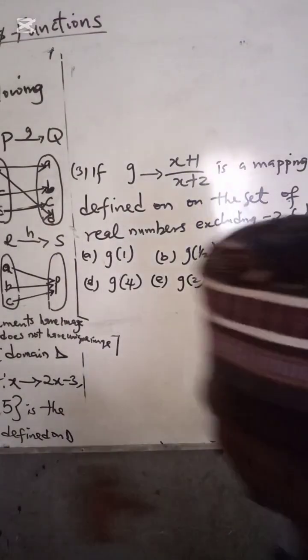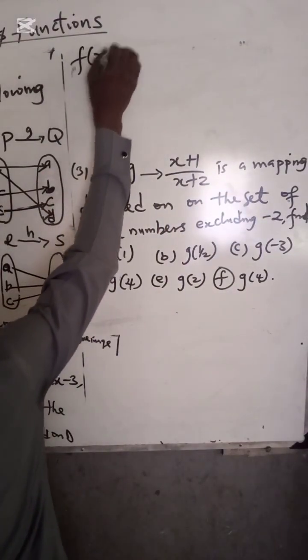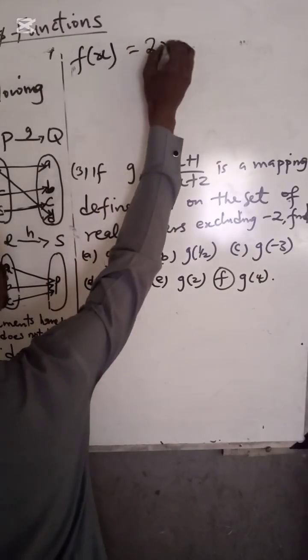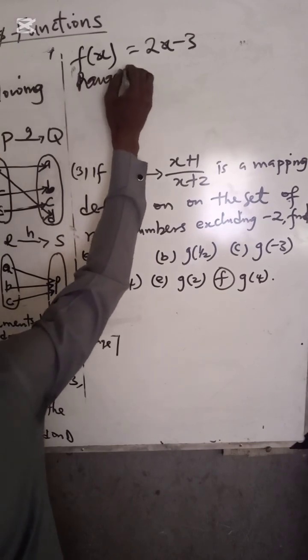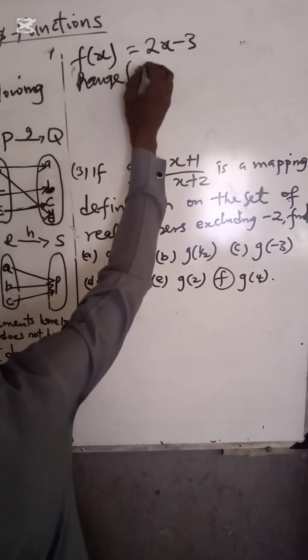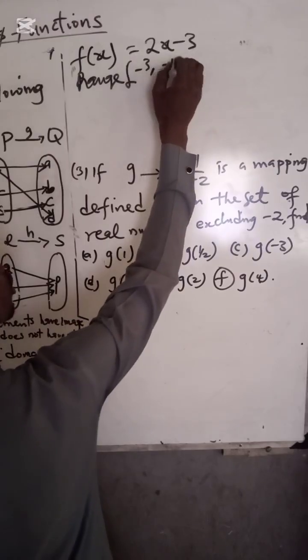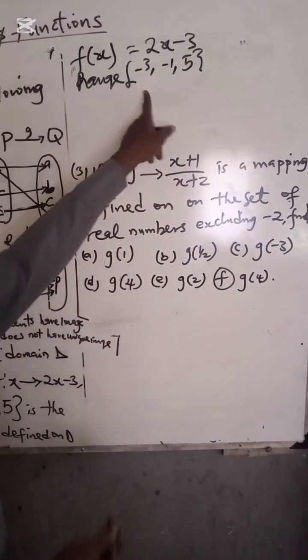Now, the relation says f of x is equal to 2x minus 3. Then the range we are given is minus 3, minus 1, 5. Who can tell me, what does this range mean?